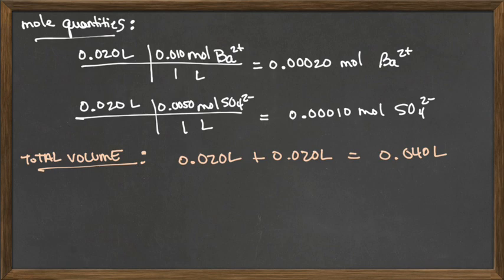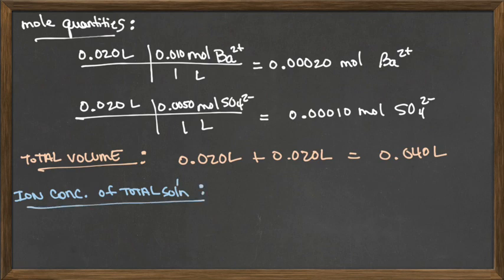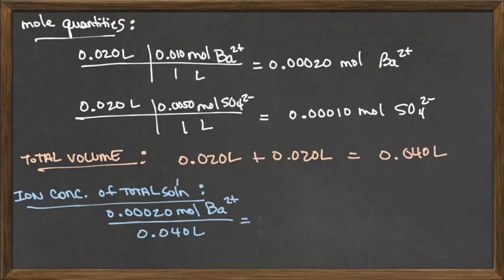And now we're going to look at the ion concentrations of the combined solution. We have 0.00020 moles of the barium ion over 0.040 liters. Using significant figures, though, that should be 5.0.